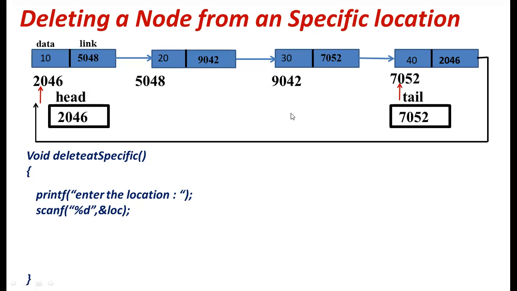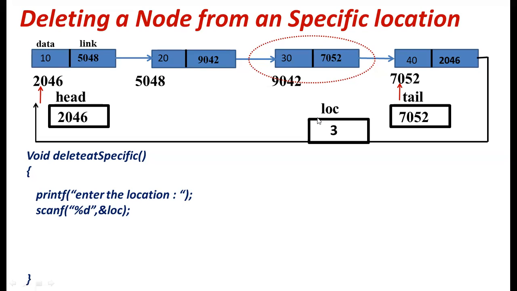Suppose the location value you have given is 3. So you have to delete this particular node. When you say the location value 3, you have to delete the node present in the third location.